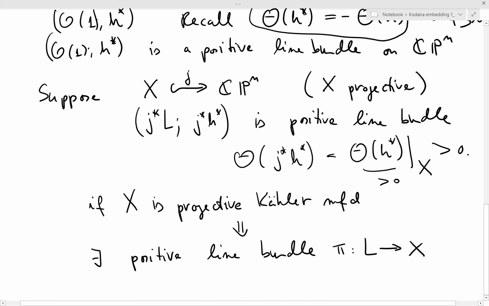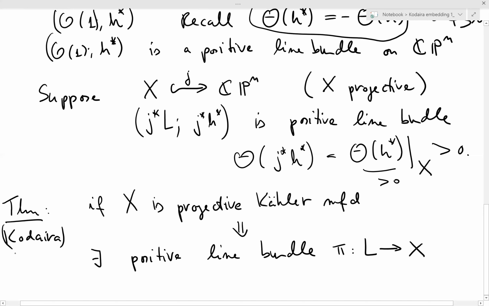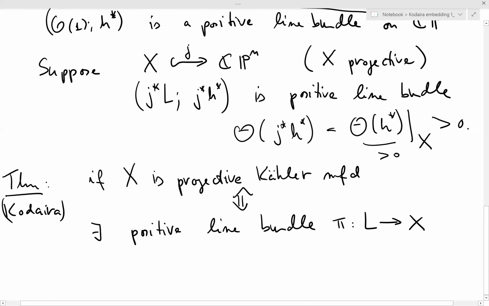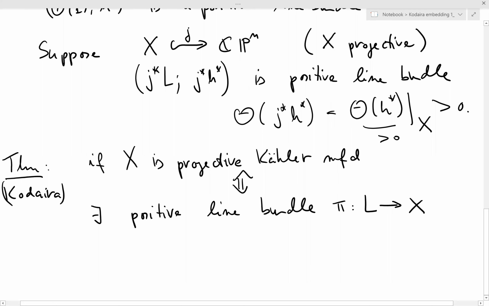Okay, so this we get for free, and then Kodaira's theorem says that actually you can reverse the arrow. So if there exists a positive line bundle on a Kähler manifold, then it's projective. So if there exists a positive line bundle on X, where X is, let's say, only known to be Kähler, then X is actually a projective manifold.